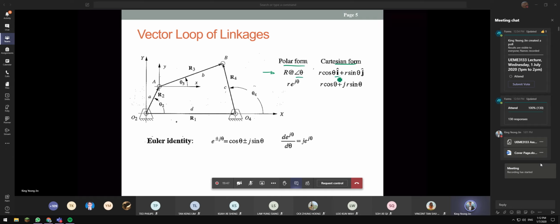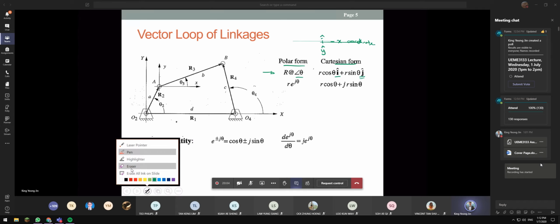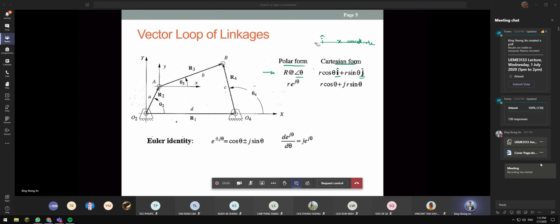Cartesian form will be in the x and the y components. So you will see that the i hat here is referring to the x coordinate. And then the j is referring to the y coordinate.